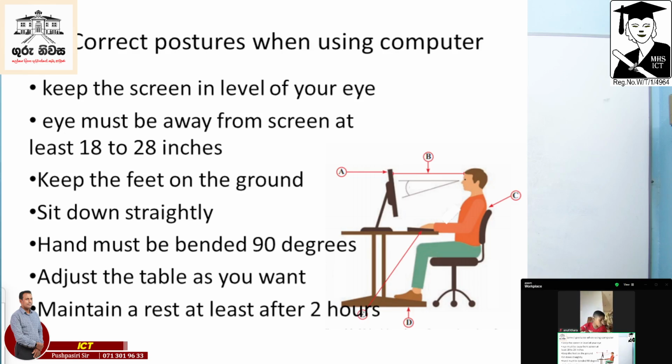Right, so we were doing grade 7, lesson number 2, operating system.